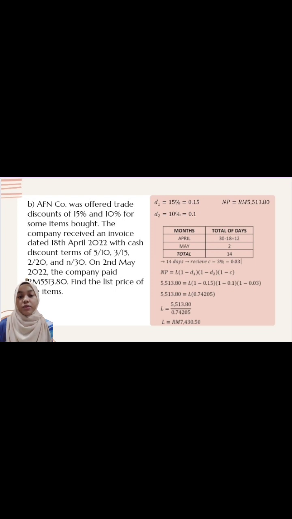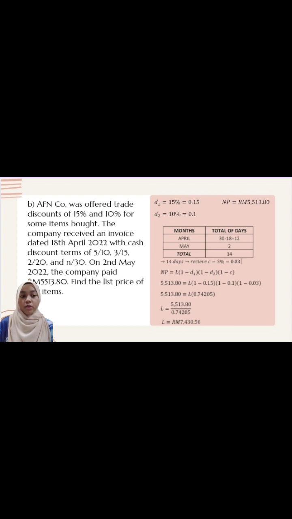D1 is 15% equals 0.15. D2 is 10% equals 0.1. And NP equals RM 5,513.80. The payment was paid after 14 days and received the cash discount of 3% equals 0.03.